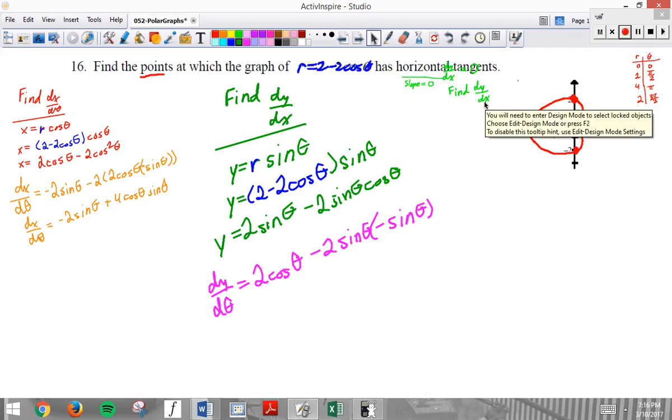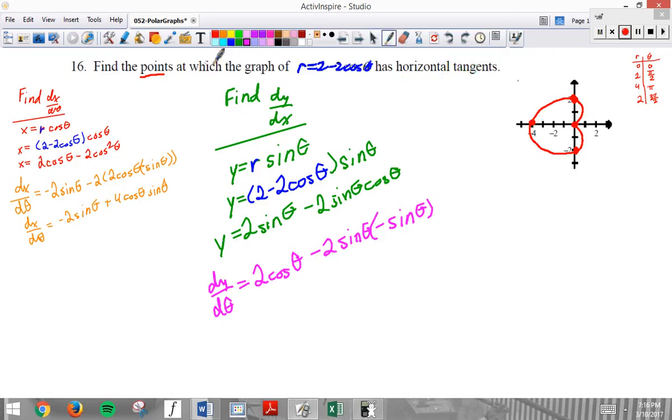I'm trying to find dy dx. Plus the second times the derivative of negative 2 sine theta, times negative 2 cosine theta. Sorry, because the derivative of sine is cosine and we have to keep the negative 2. My bad.